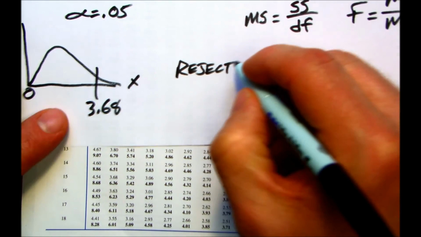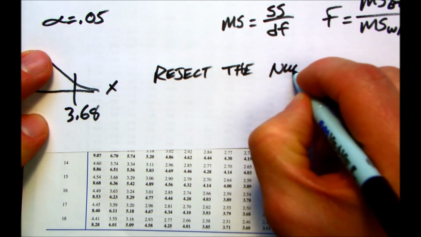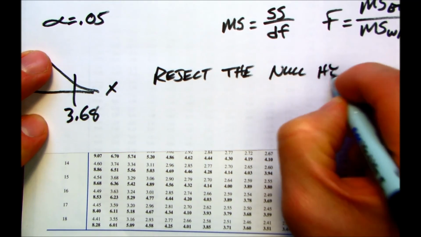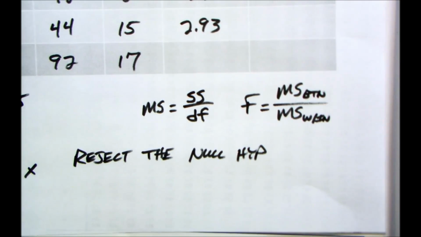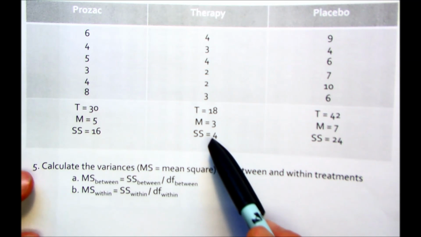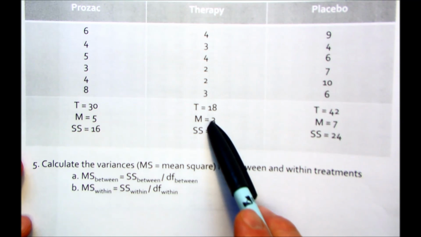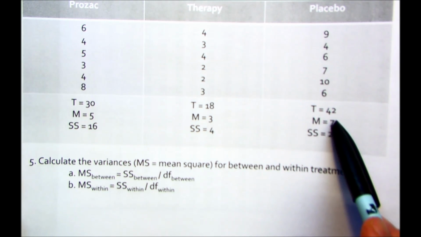So we're rejecting the null hypothesis, and what does that mean at this point? All we can say is that at least one of these mean differences is significantly different from one of the others. One of the means is significantly different from the other. Logically, as we look through this, the biggest mean difference is between the cognitive behavioral therapy group and the placebo group.